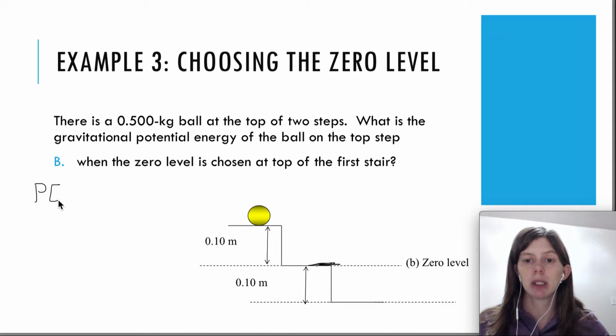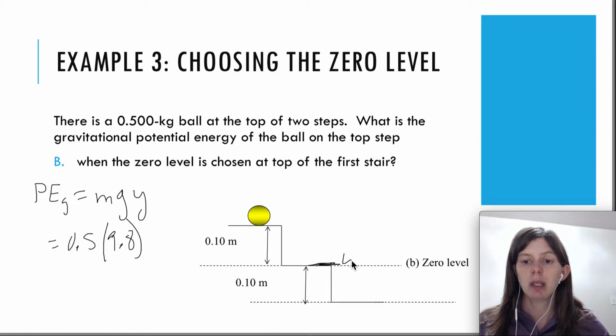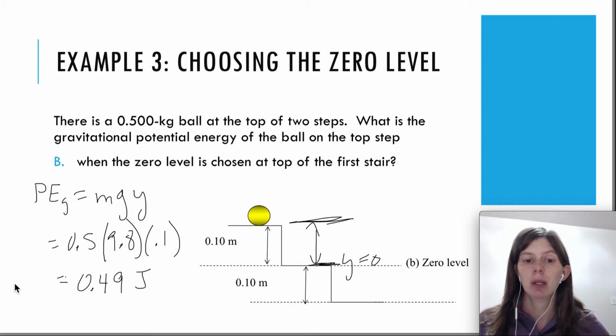Well, to find the potential energy, we're still going to use mgy, but now the mass is going to still be 0.5, g is 9.8, but now the height, the y, is just from here, this is y equals 0 up to here, that height is now 0.1 meters. So we multiply that, we're going to get half of what we got before, because we have half the height. So 0.49 joules is our potential energy.